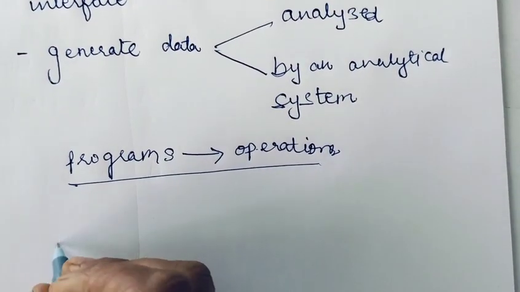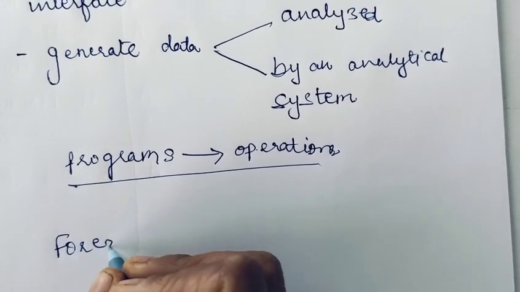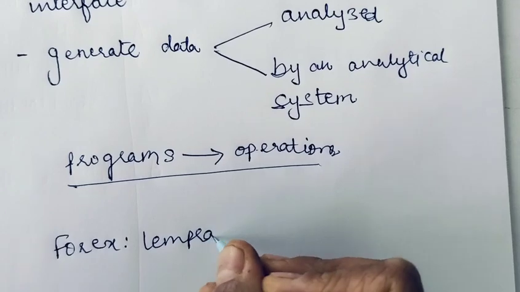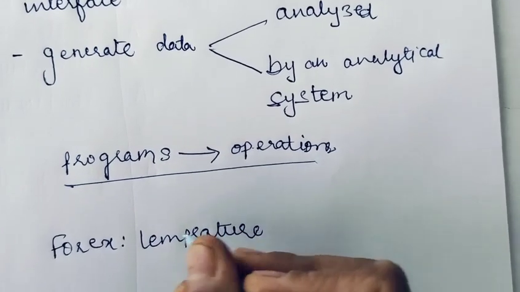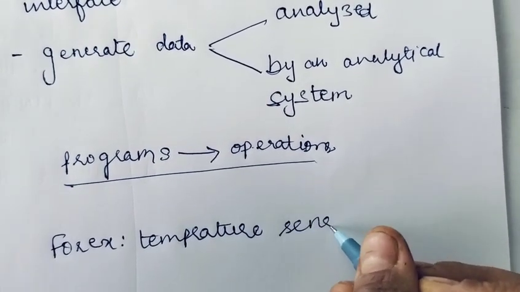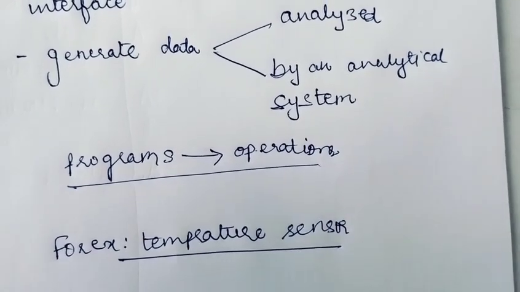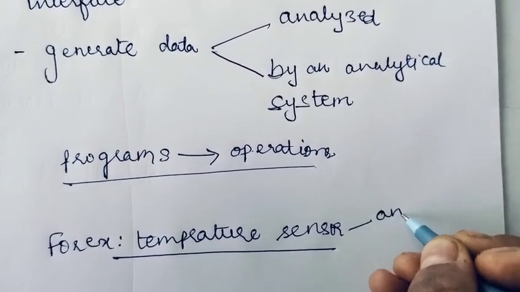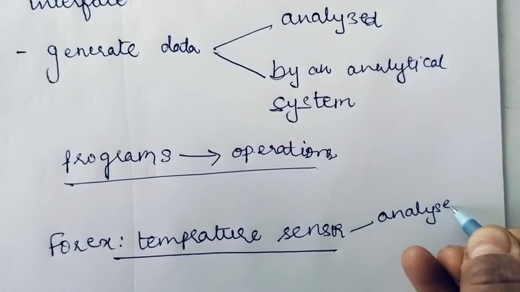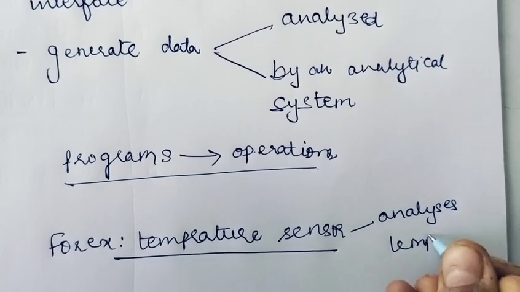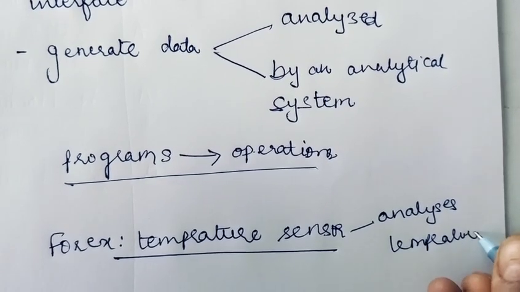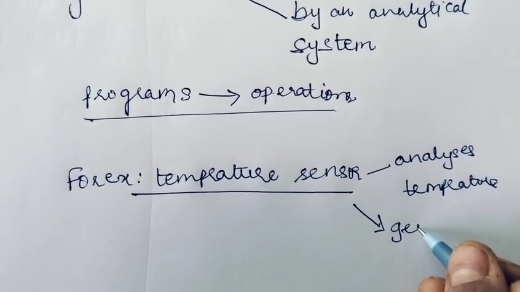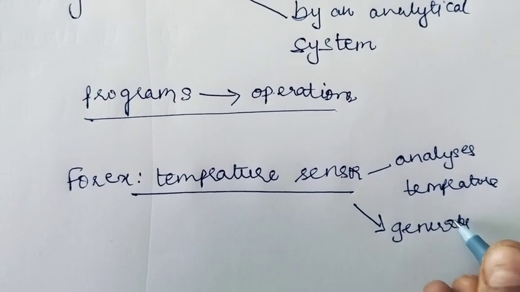For example, if I take the example of a temperature sensor, then a temperature sensor is used to analyze the temperature. What it does is analyze the temperature, and then, on the basis of this analysis, it generates data.